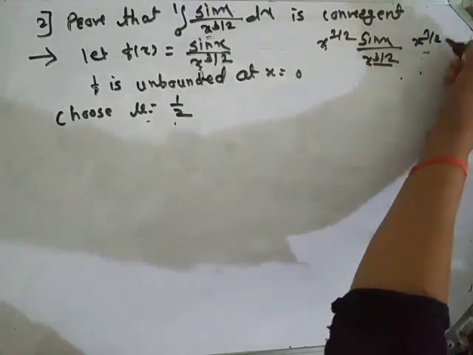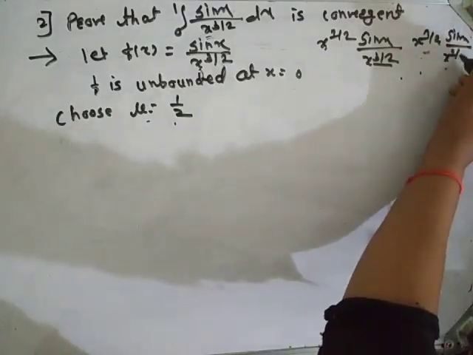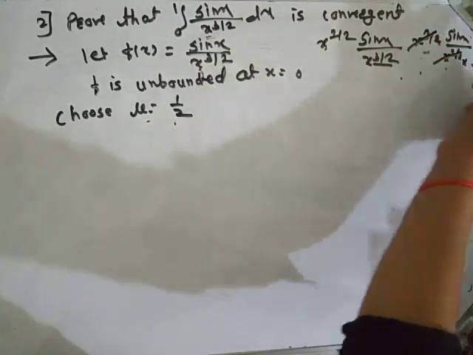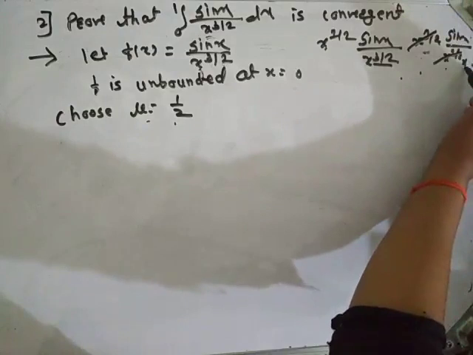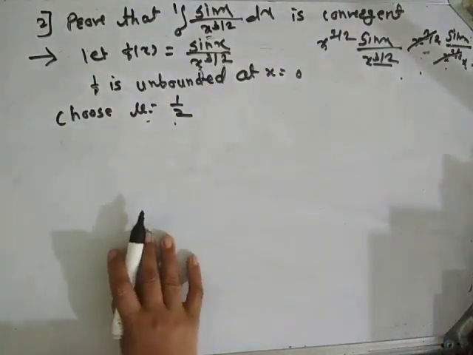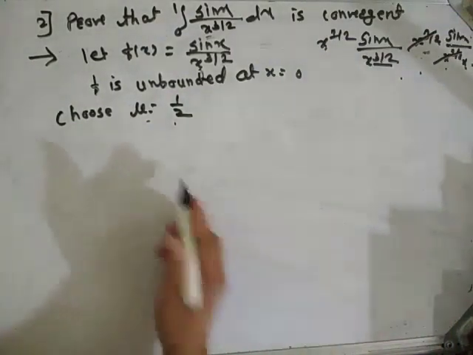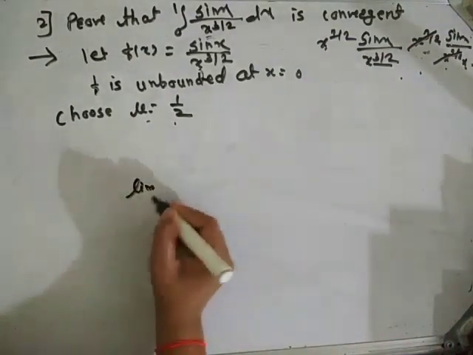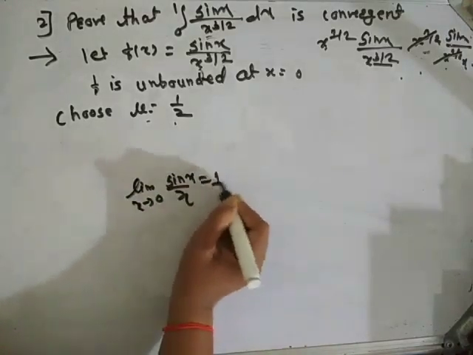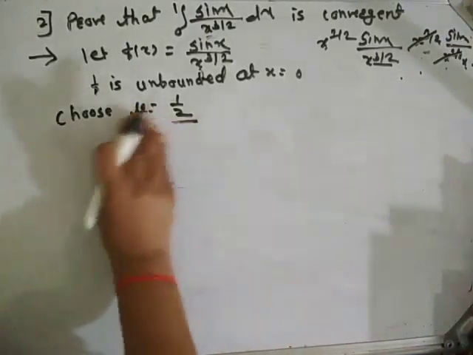So x raised to 1 by 2 gets cancelled and we get sin x upon x. As x tends to 0, sin x upon x is 1. To get the limit x tends to 0 of sin x upon x equals to 1, for that purpose we will choose mu equals to 1 by 2.